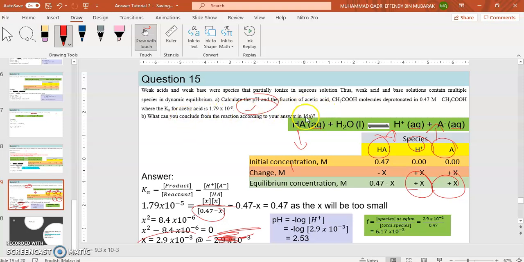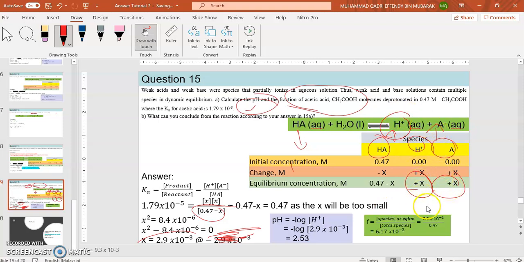And then this question asks us about the fraction of acetic acid molecules deprotonated. I'll just give you an example so you can do the rest. For example, in our equation we take H plus.